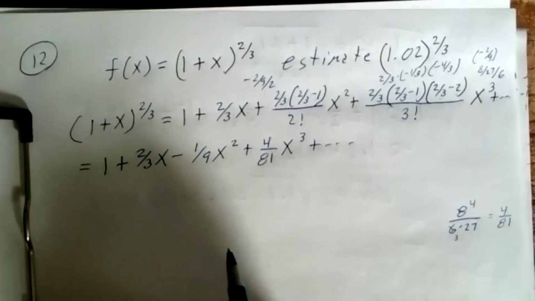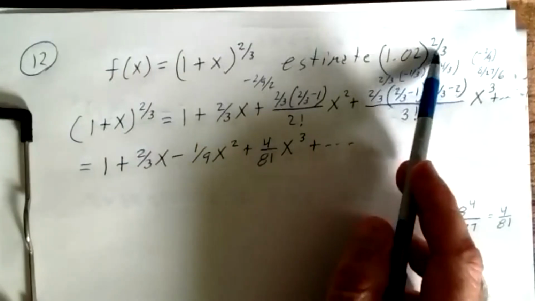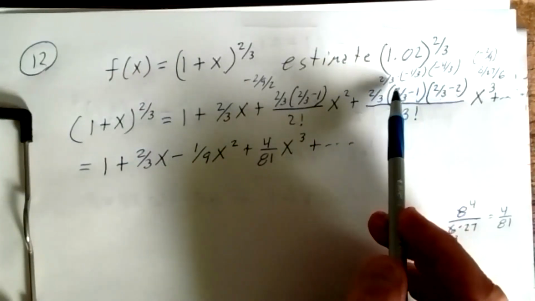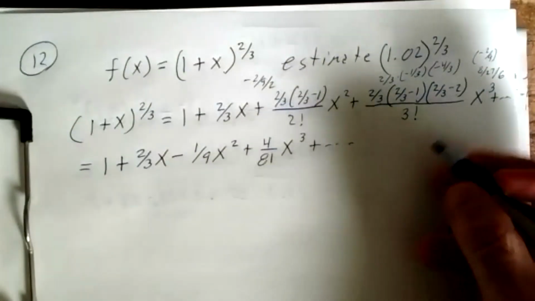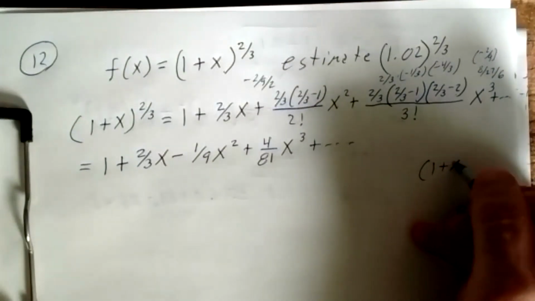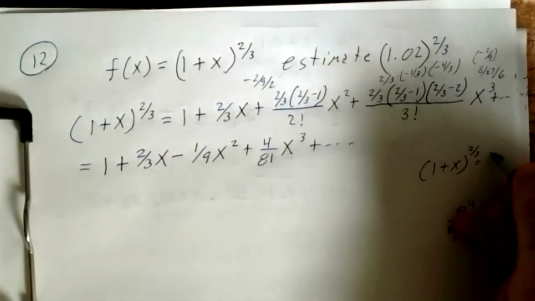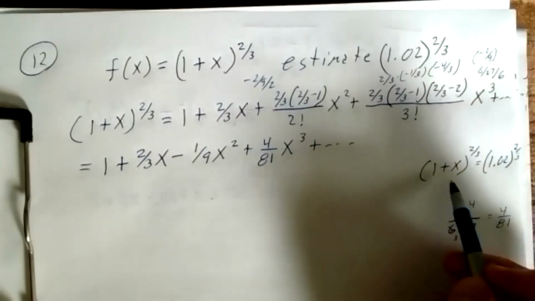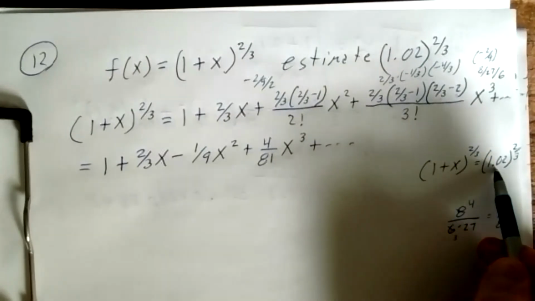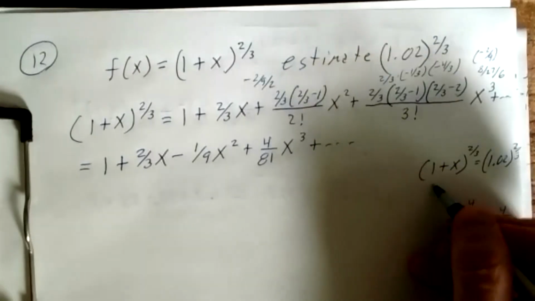Now we're going to use this power series expansion to estimate 1.02 to the 2/3 power. So I have a question for you. What is my x going to be? Well, in order for (1 + x) to the 2/3 power to equal 1.02 to the 2/3 power, 1 + x has to be equal to 1.02.